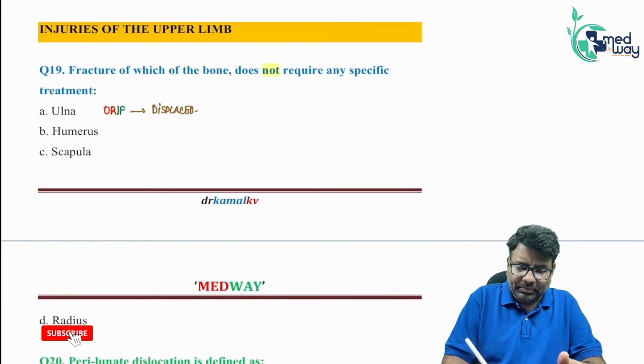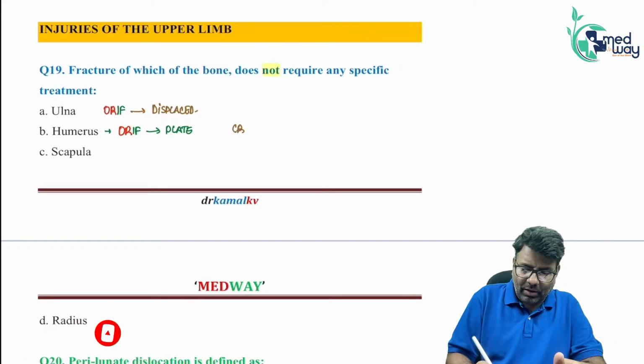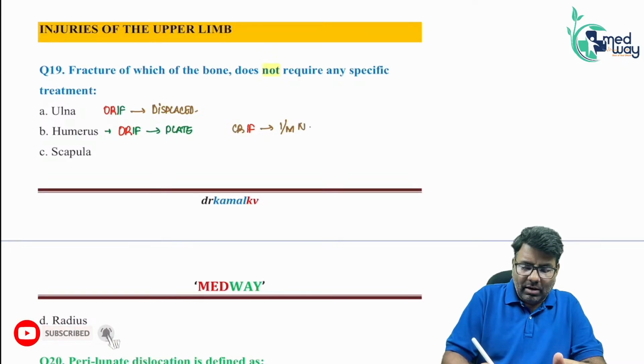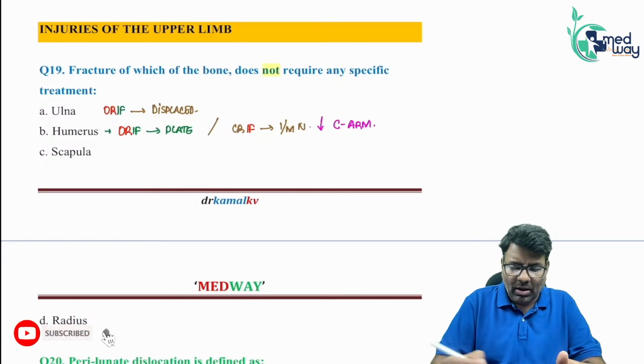For humerus, again in adults usually we go for open reduction and internal fixation with plate and screws, or we can do closed reduction and then internal fixation with an intramedullary nail with interlocking screws, but this has to be done under the arm. So this is your choice, there are two options.